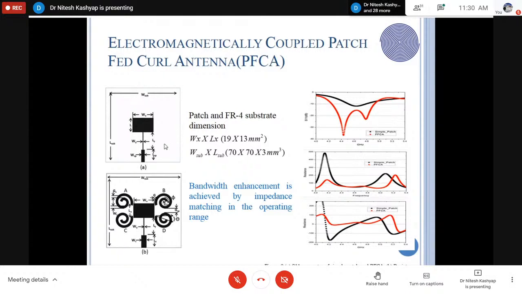Okay, so to improve the bandwidth, we need to find that the real impedance of the antenna should be 50 or 75 ohm, and the reactive component of the impedance should be near about 0. Okay, so after the attachment of these curls, we achieve the 0 reactive component.